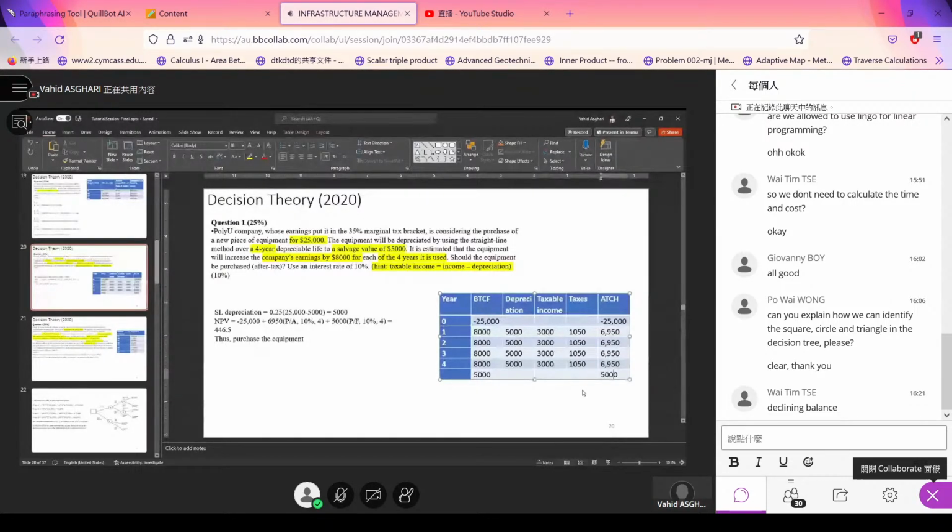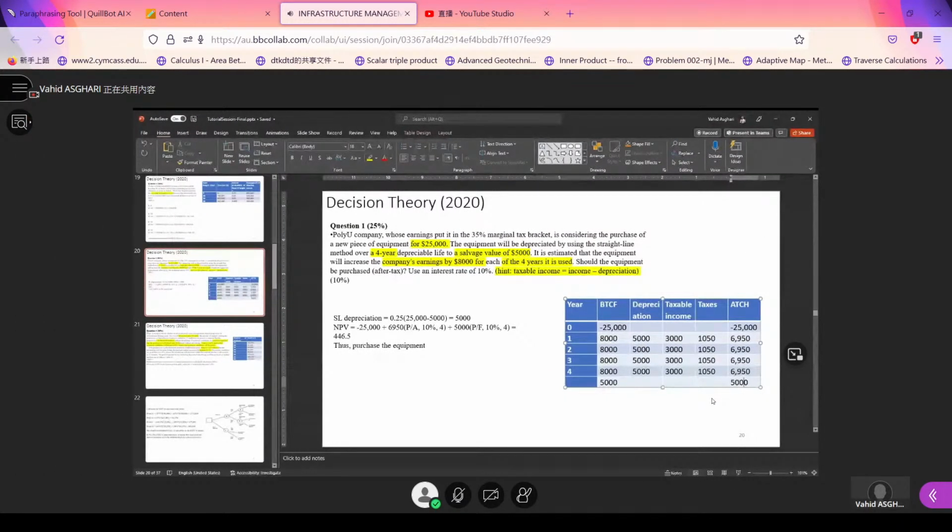That the value after depreciation cannot be less than the salvage value. Okay, let me tell you what is the concept behind this.